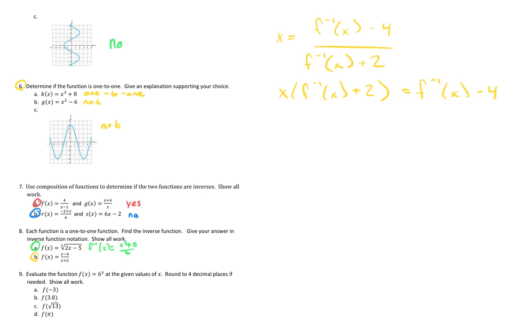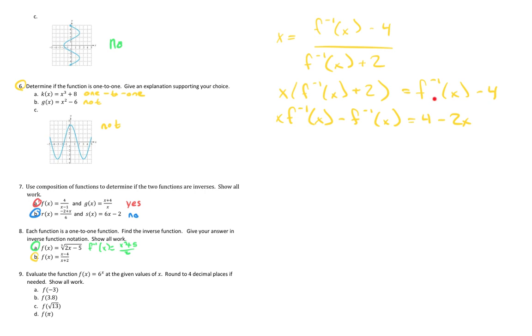So next, I want to get what I'm solving for all on one side and then isolate it. So I'm going to subtract our inverse to the left side and then subtract the 2x to the opposite side. So we have x times f inverse of x minus f inverse of x equals 4 minus 2x.